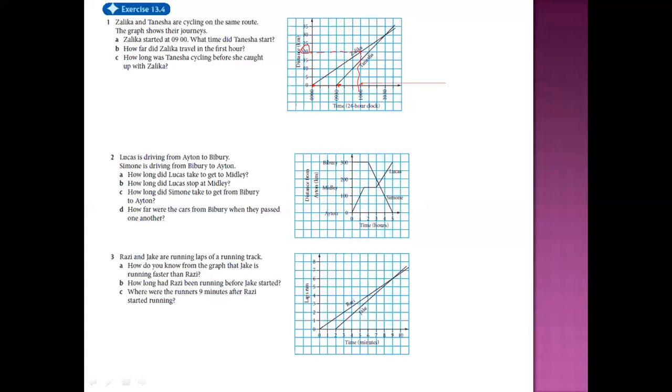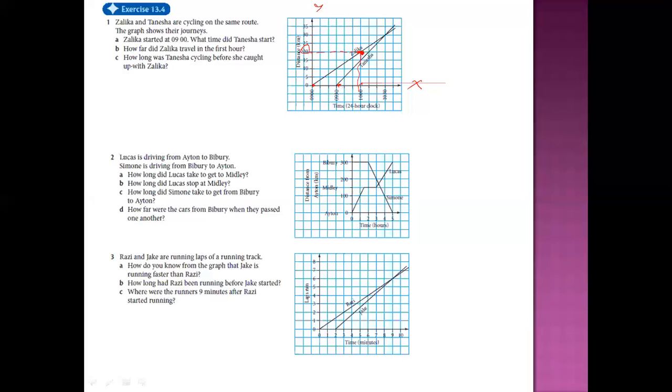The coordinates are 10 and 20, because x is 10 and y is 20, and it's crossed here. So she travels 20 kilometers per hour.